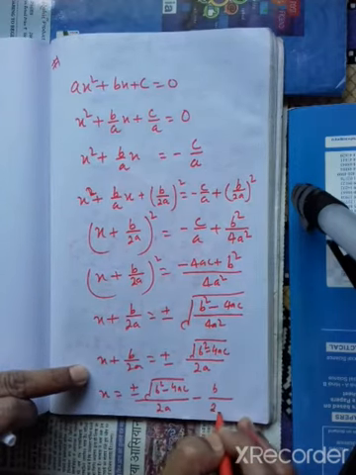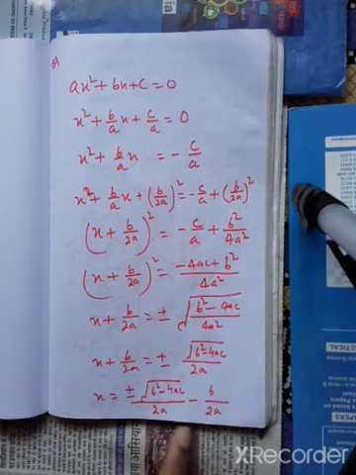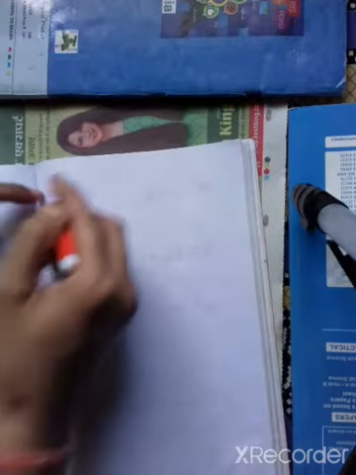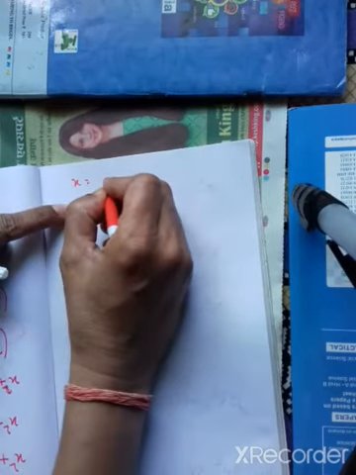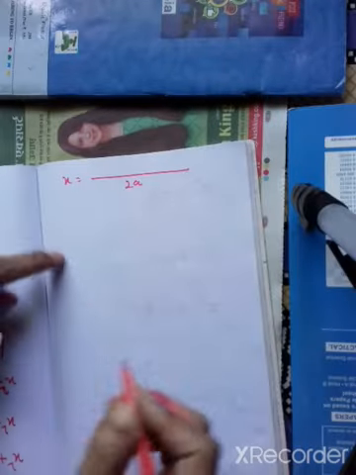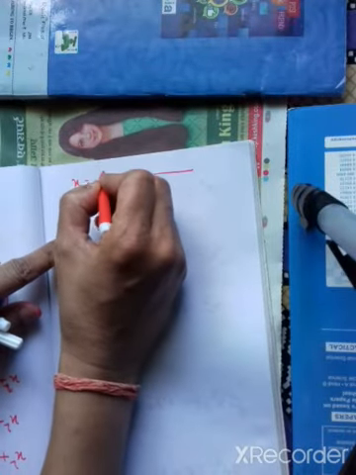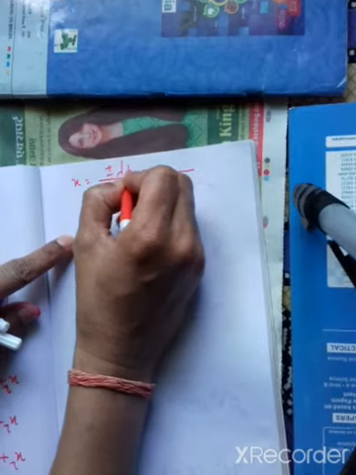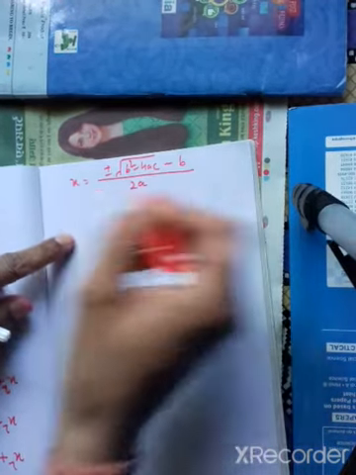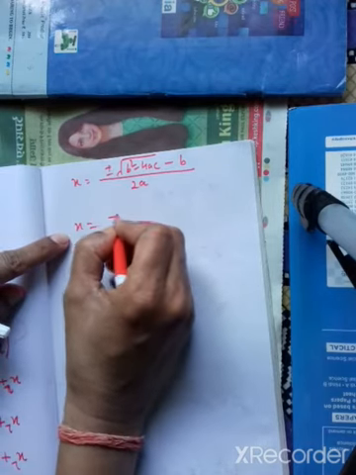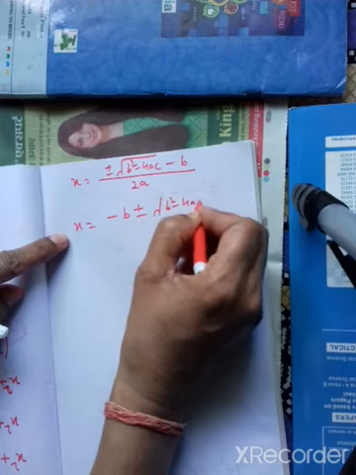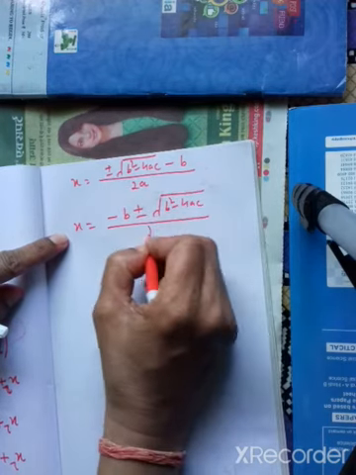When you take the LCM, that will be 2a. So x equals, 2a is the LCM, and what we are having is plus minus under root b square minus 4ac minus b, which we can write as x equals minus b plus minus under root b square minus 4ac upon 2a.